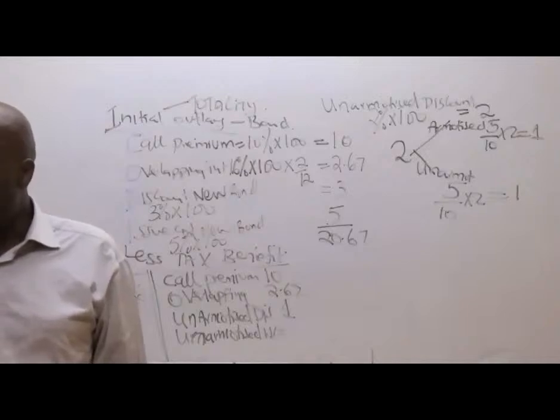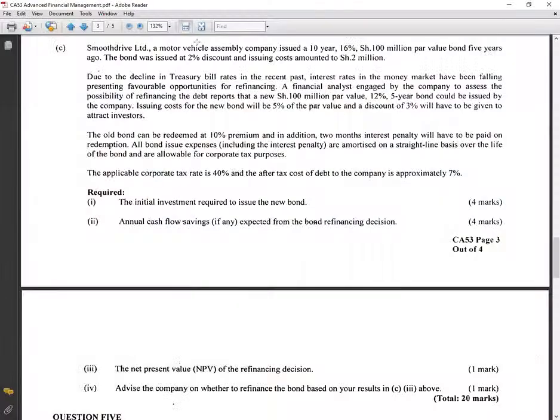It was 2 million over 10 years. But remember, in the middle of this bond, we are going to reissue a new bond. So the first 5 years would have lapsed and would have been amortized every year. The unamortized issue cost will be left again with 5/10.